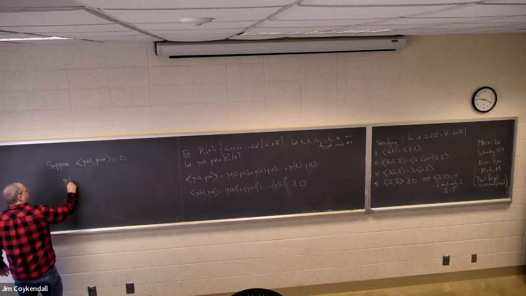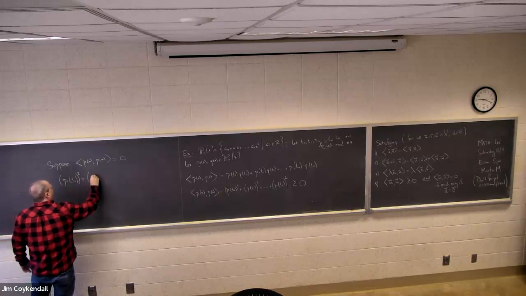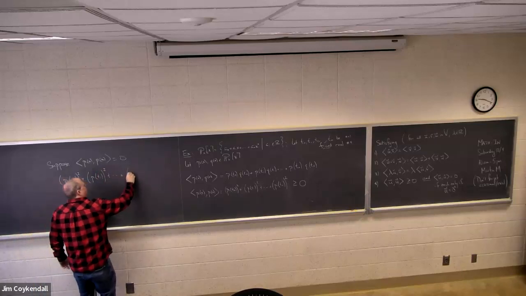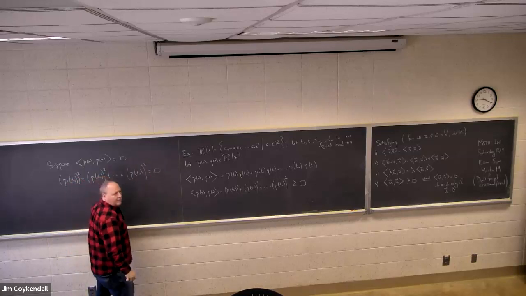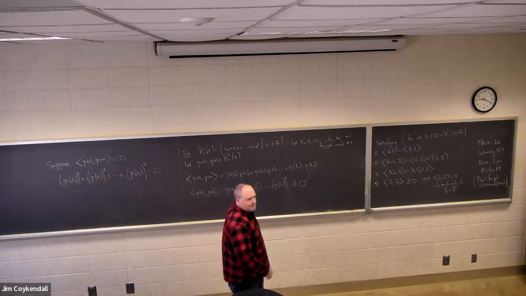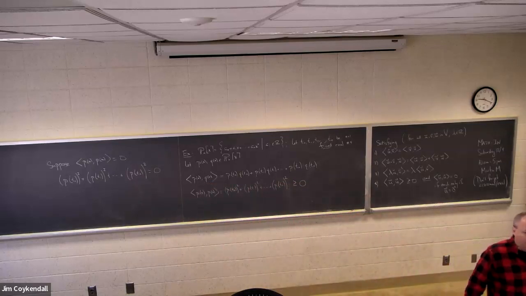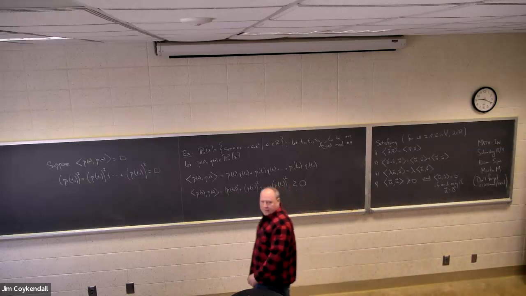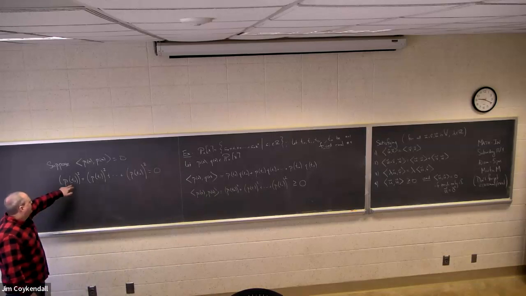Well, this means that P(T0) squared plus P(T1) squared plus up to P(Tn) squared is zero. Now, for that, can somebody tell me what is necessary for that to happen? All of them have to be zero.